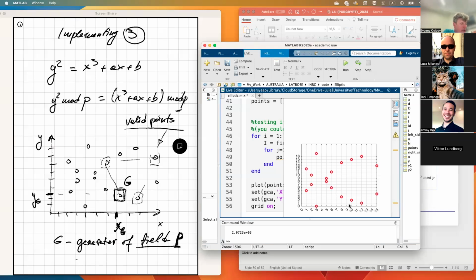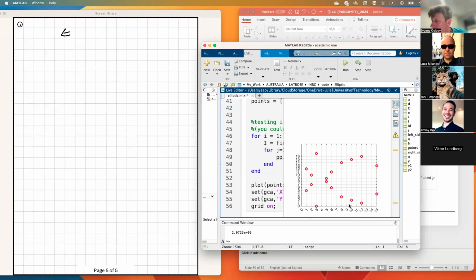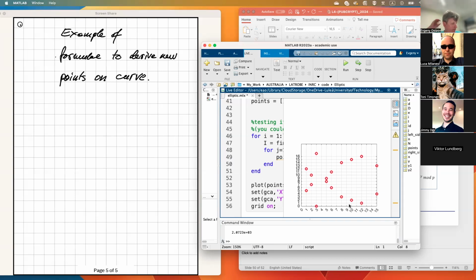I can just show you sample equations, or example formulas, to derive new points on a curve.